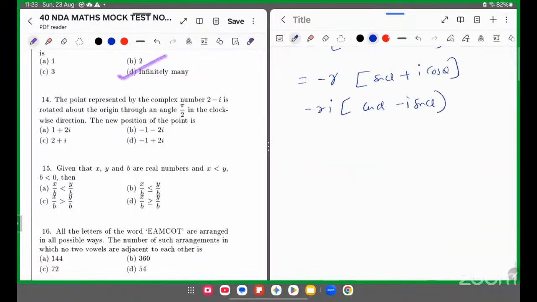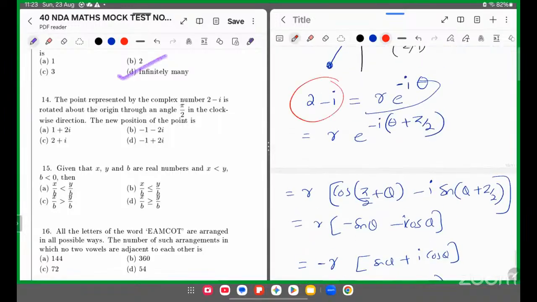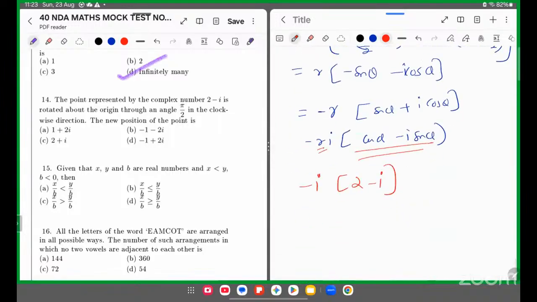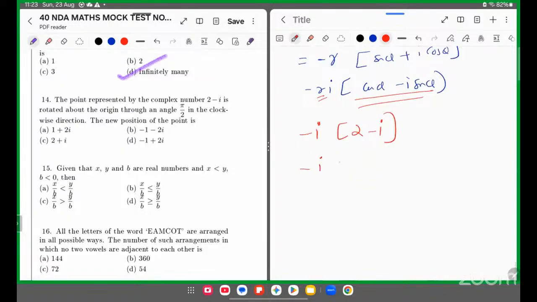That means r into cos theta minus iota sin theta is our 2 minus iota, because already 2 minus iota is r into e raised to minus iota theta. So minus iota into 2 minus iota, iota square is minus 1. So minus 1 minus 2 iota. So the answer will be minus 1 minus 2 iota, option B.